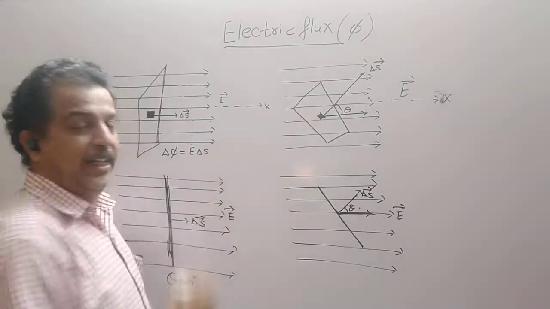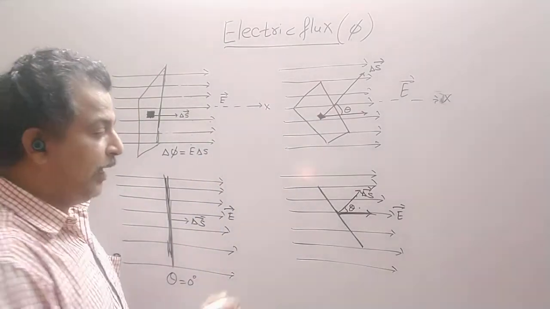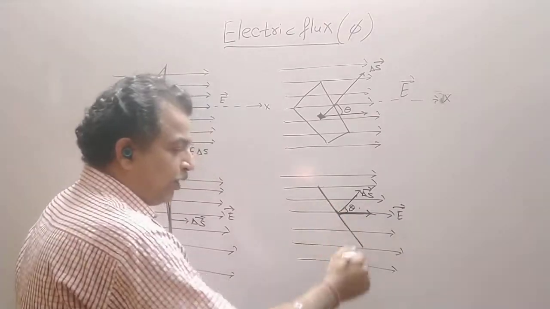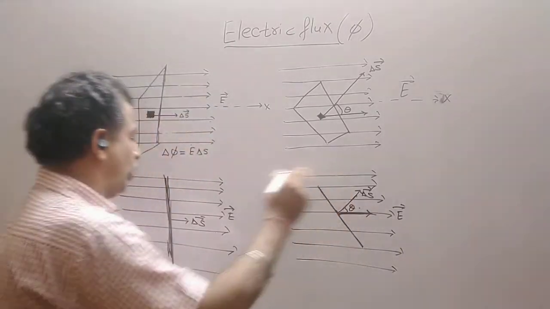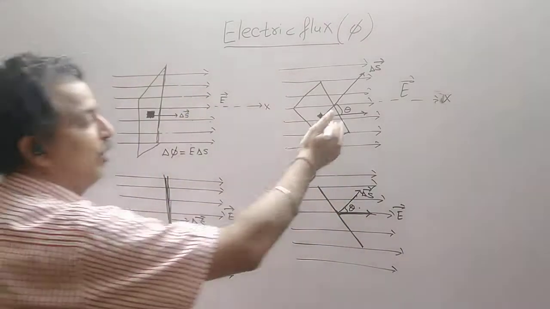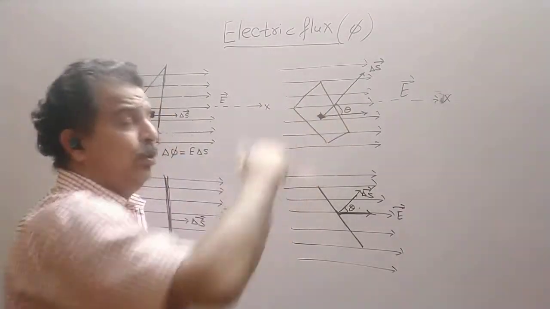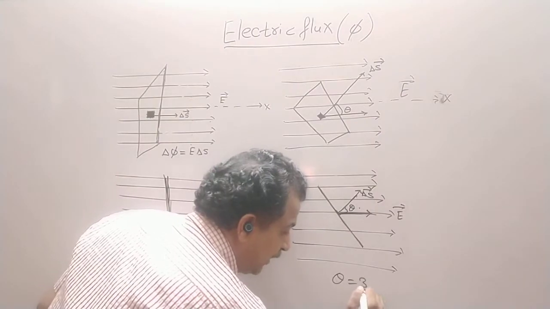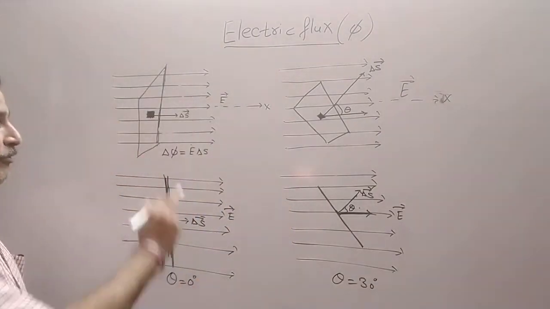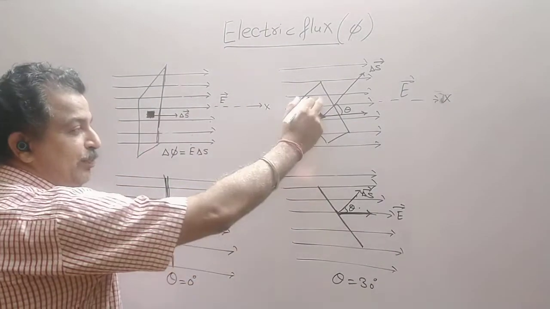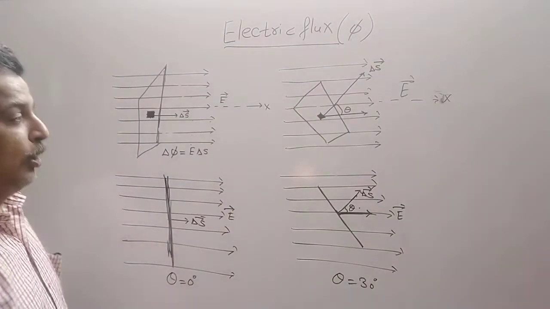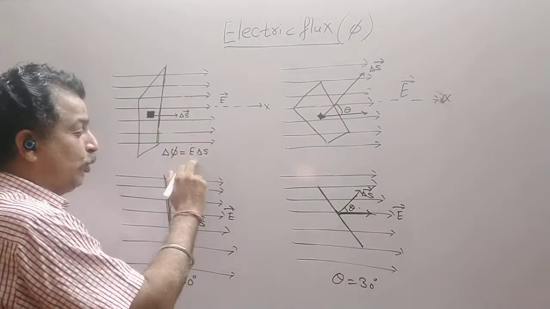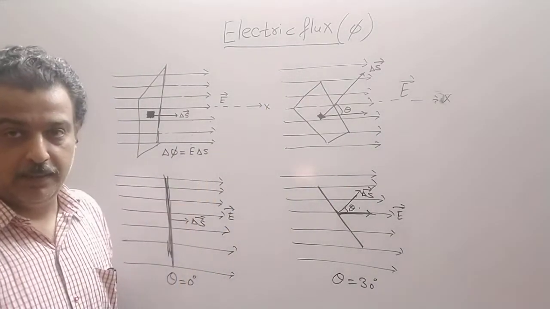For the same area, if you see the number of field lines, these two field lines are not passing through this unit area because we have changed the orientation. Let theta be equal to 30 degrees. Now your flux linked with this plane surface should be less than E delta S.